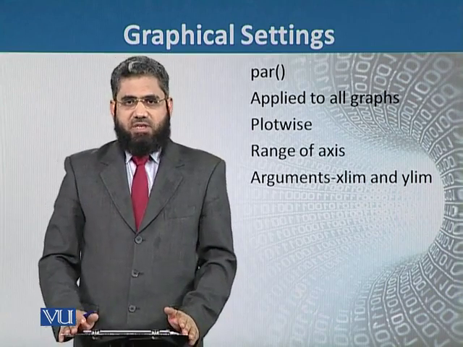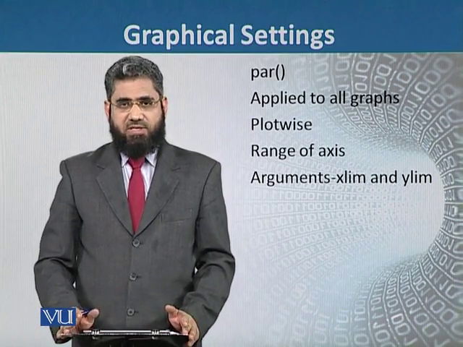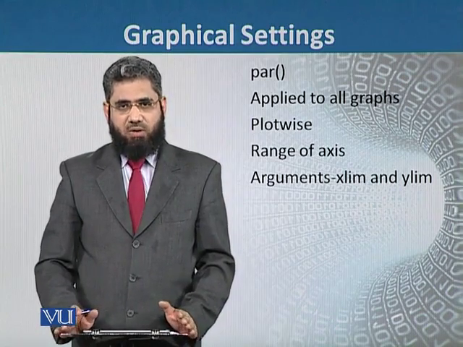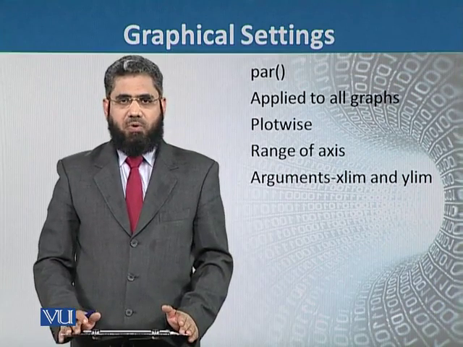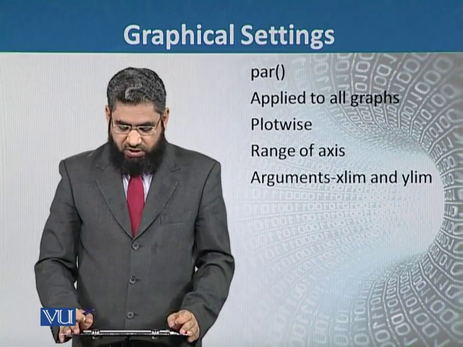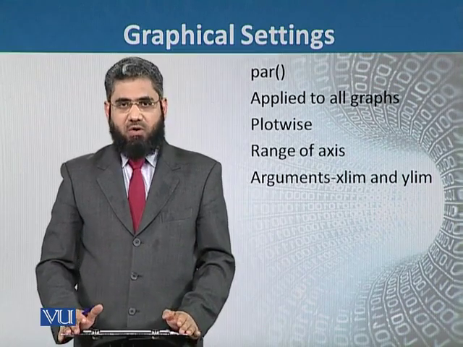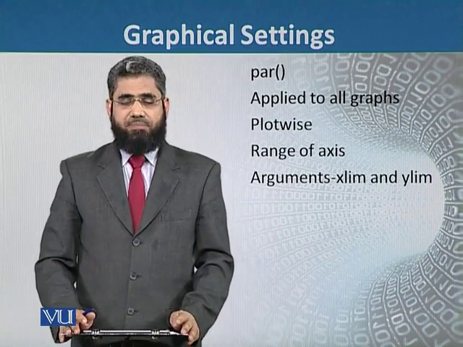Another setting we can change is the range of the axis. So we can change the X and Y axis range in the already plotted graph. To change the axis, we can use the arguments xlim and ylim.